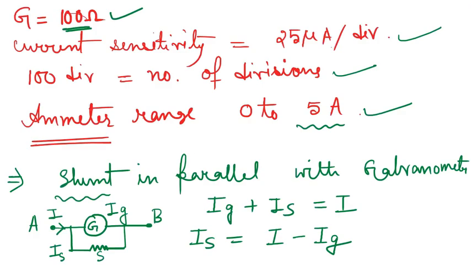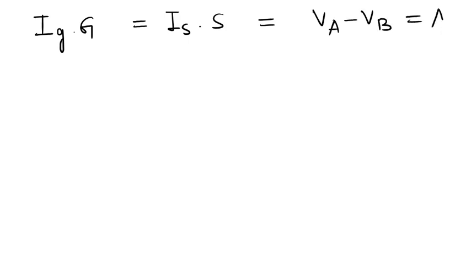Now when two resistances are connected in parallel, the potential difference should be the same because they are connected between two common terminals, A and B. So the potential difference will be the same for G and S. So we can say the current Ig into G must be equal to Is into S, because this is the potential difference between the two terminals, Va minus Vb, or delta V. They are connected in parallel combination, so current into resistance.